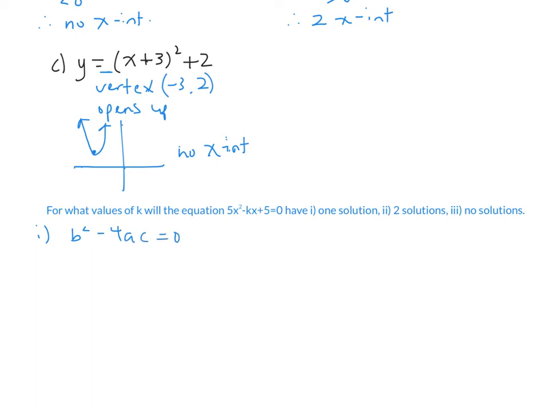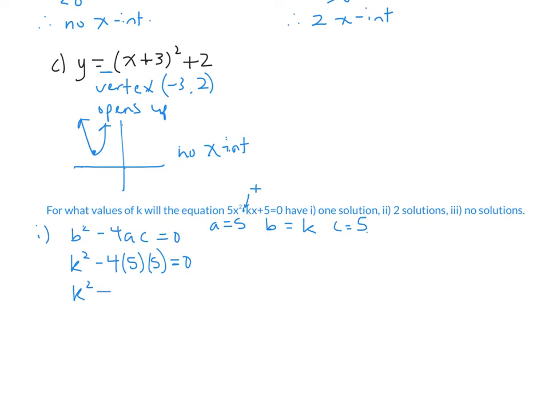And if I look at the equation, my a is 5, my b is k, and I meant to make that a plus k in there. It doesn't really matter, but change that to a plus there, plus k. My b is k, and my c is 5. So my b will be k squared minus 4 times 5 times 5, okay, has to equal 0. Not a very creative example on my part.